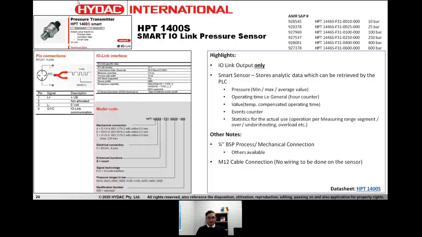This sensor is quite unique because it does data logging on board, and I'll show you a bit more of what it actually logs. It can also log maximum and minimum values that it sees, and a few other things, and I'll explain a bit more into that. But it's our smallest sensor as well. It's quite small physically, and we'll go over a bit more what it can do.